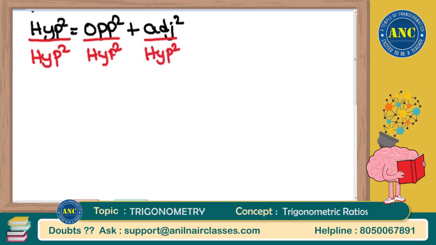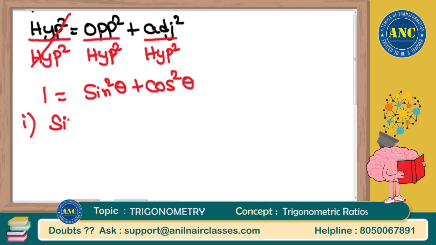Hypotenuse square by hypotenuse square is 1. Opposite by hypotenuse is sin theta, so square is sin square theta. Adjacent by hypotenuse is cos theta, square is cos square theta. That means the first identity which I derived, I discussed all these things in detail, is sin square theta plus cos square theta is equal to 1.